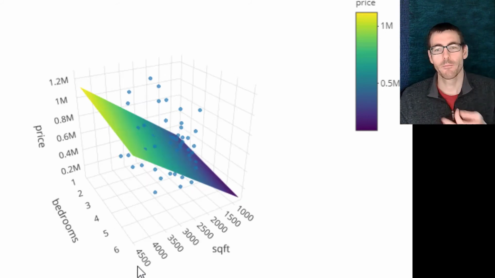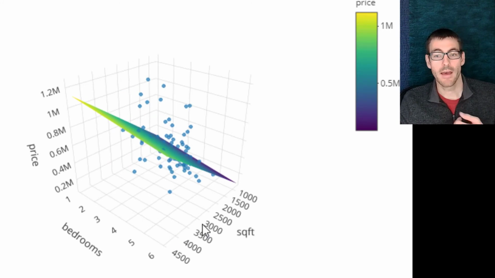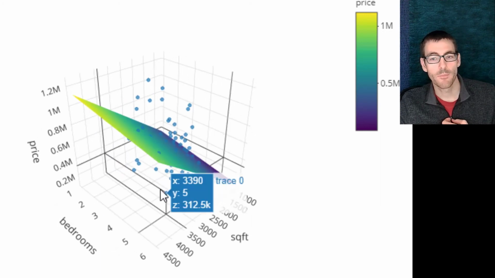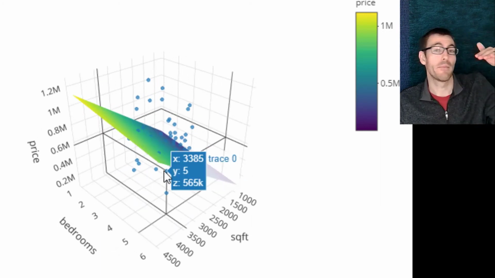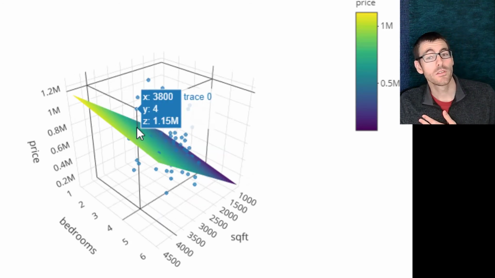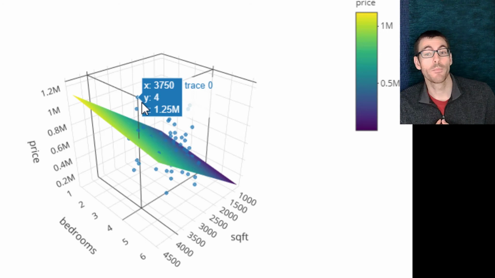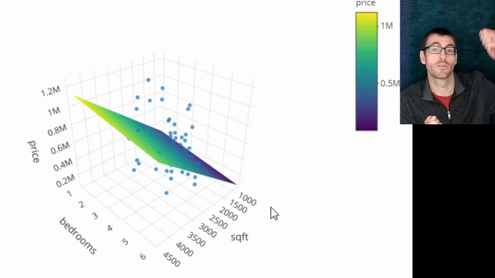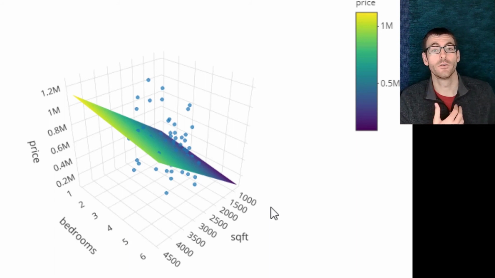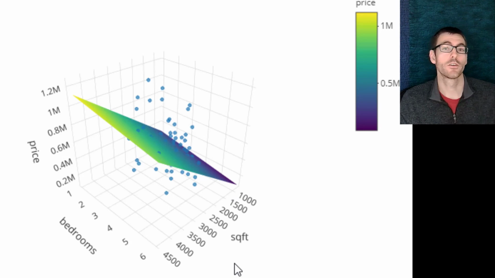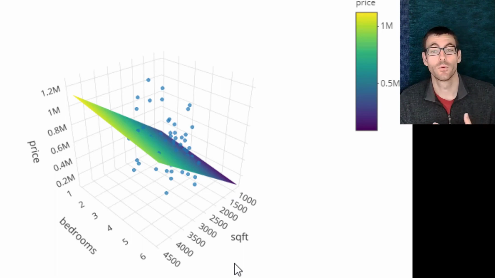But what this linear model is saying is that for a given square footage and for a given bedroom count, we expect the price to be a certain amount. This is the expected value. Any given house is almost always going to be something different than that. We can still do things like calculate the residuals or look at the R-squared value and do all of those types of things, even if looking at a picture is less of a valid tool.